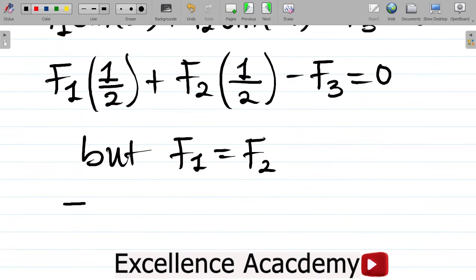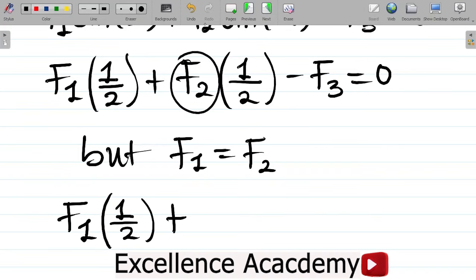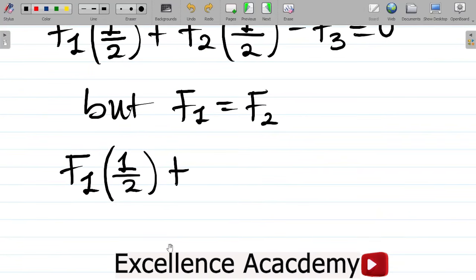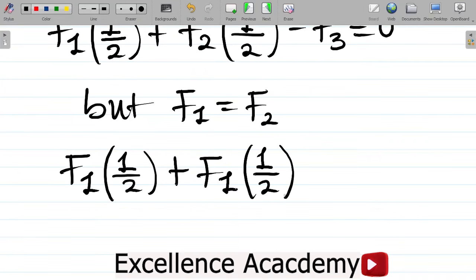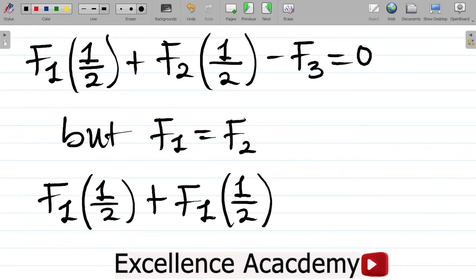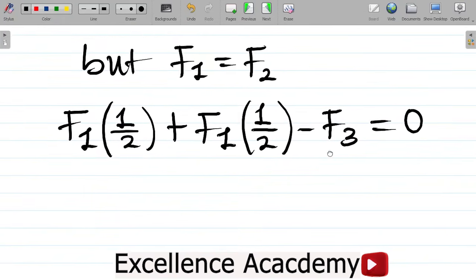So we'll have F1 into 1 over 2 plus F2, which is equal to F1, so I'll replace F2 by F1. So plus F1 into 1 over 2, then minus F3 is equal to 0.